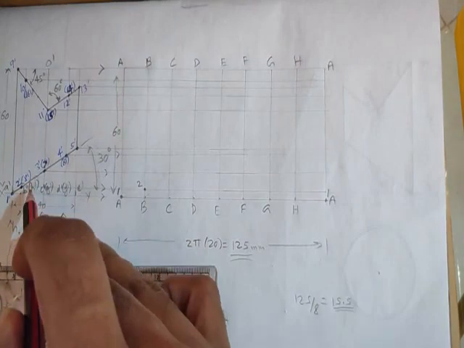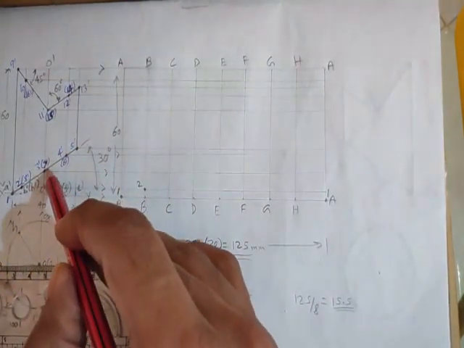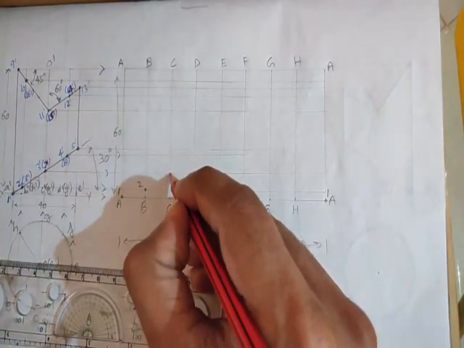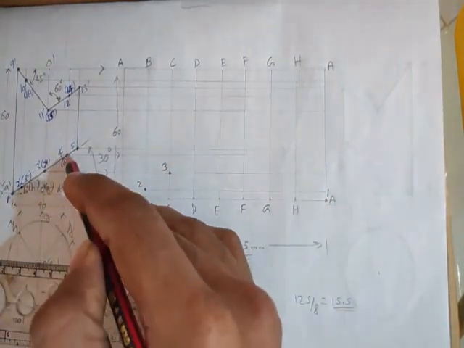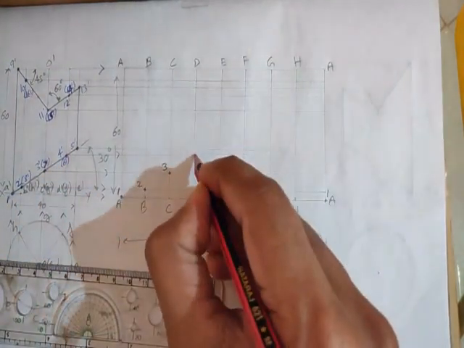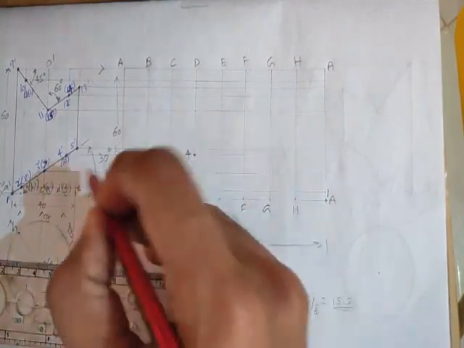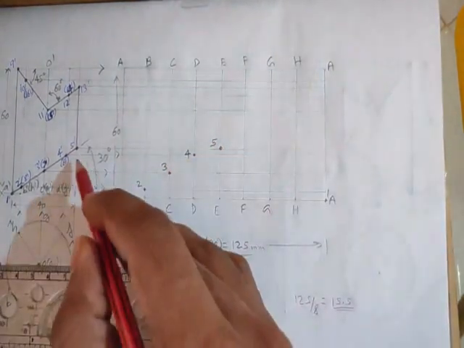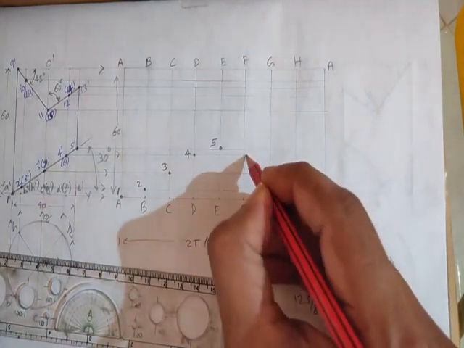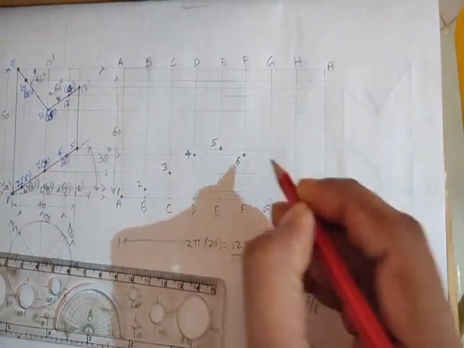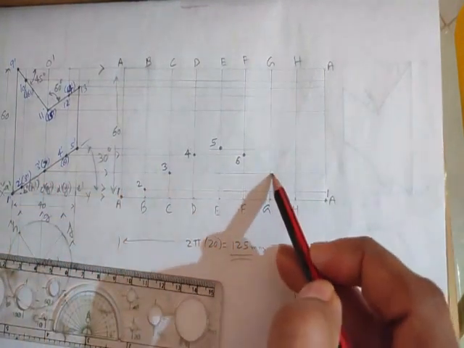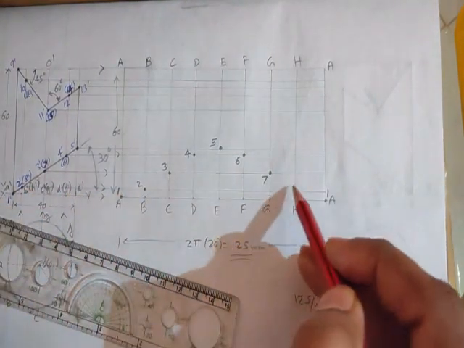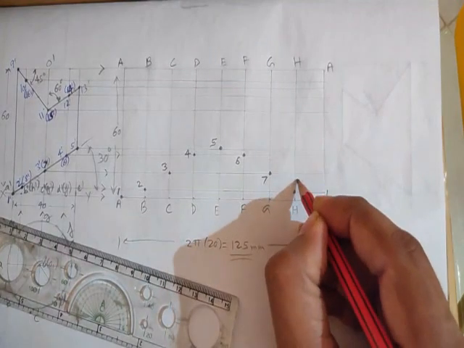Now I'll proceed one by one. Then 3 is intersection with C, so this is the projection of 3 with C, so this is the third intersection point. 4 is with D, so this is the intersection point number 4. 5 is with E, so this is intersection point number 5. 6 is with F, so this is intersection point number 6. 7 is with G, so this is intersection point number 7, and 8 is with H, so this is intersection point number 8.